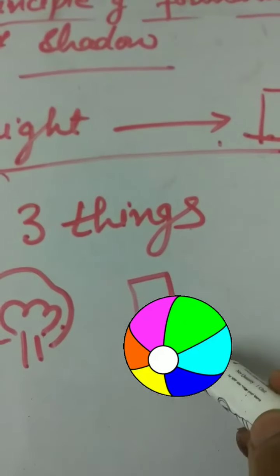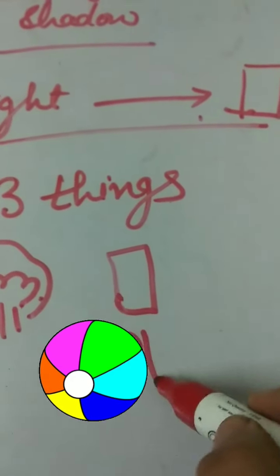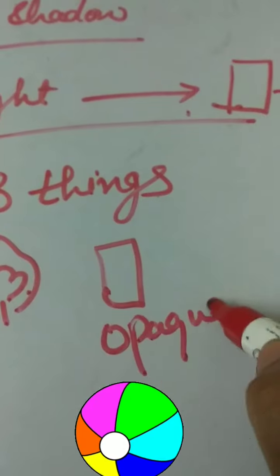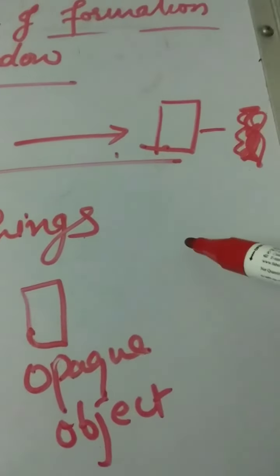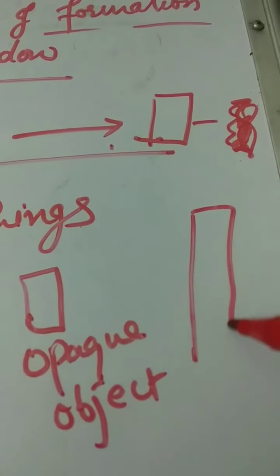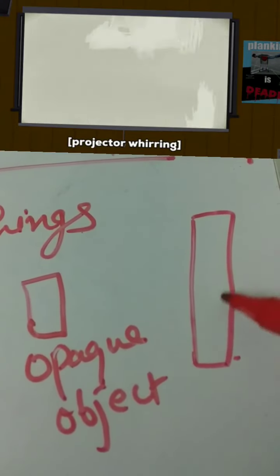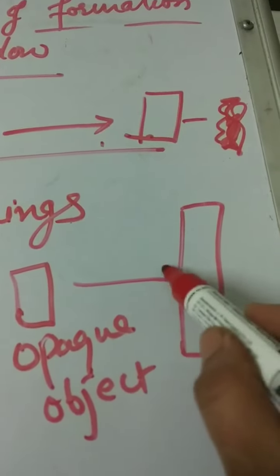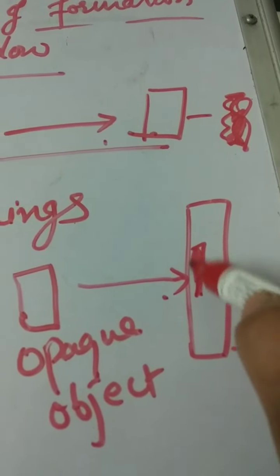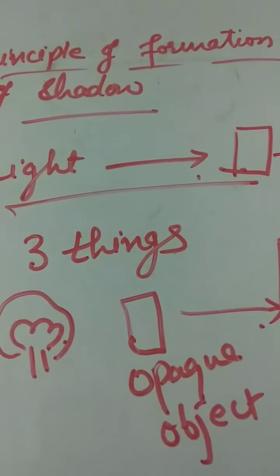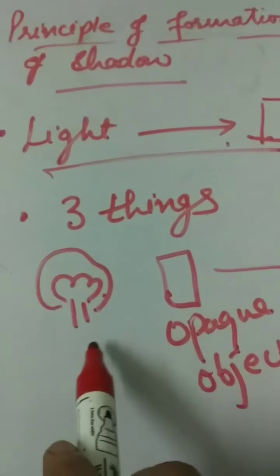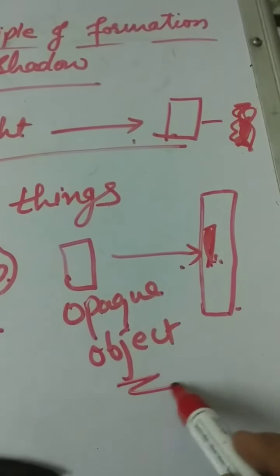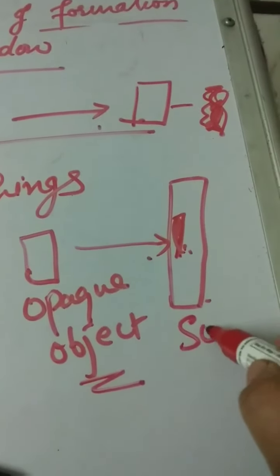Opaque object to block the way or path of light, and we need one screen on which the shadow will form. So these three things are essential for the formation of shadow: light source, opaque object and screen.